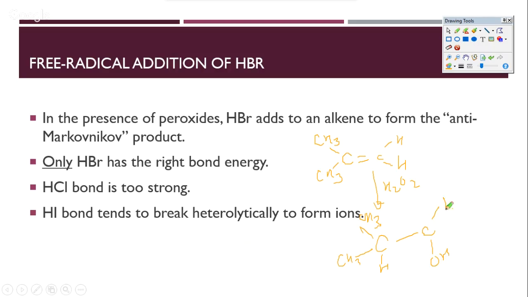Here you will end up getting OH. So OH will go to the terminal carbon atom. Please note that 1 degree alcohols can be very well formed with this method. So by a peroxide addition, 1 degree alcohols can form, right? Br will get added at the end of the reaction, and this Br can then be hydrolyzed further to give alcohols. So that's a quick look at anti-Markovnikov reaction with HBr.